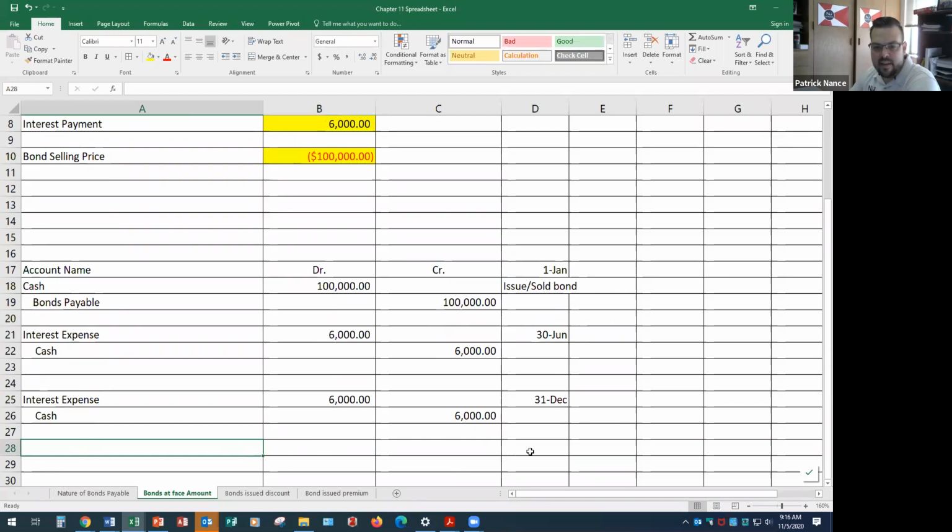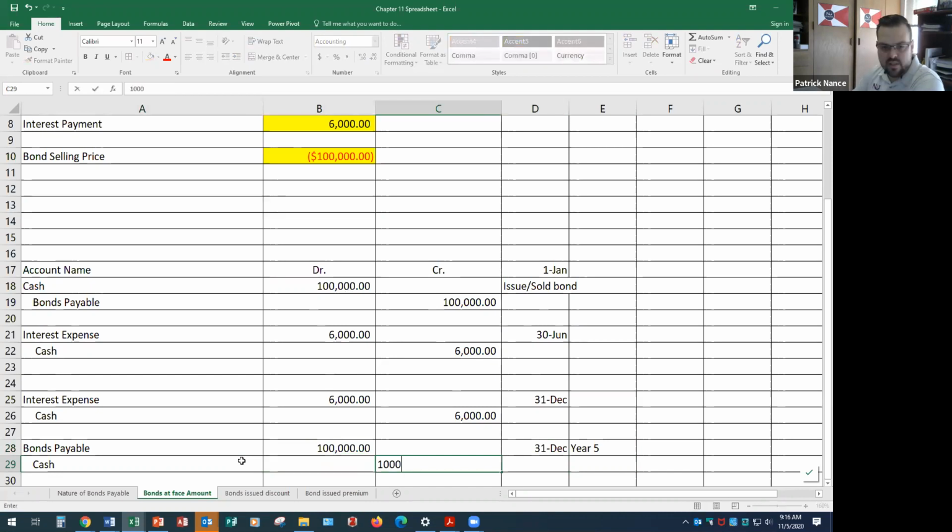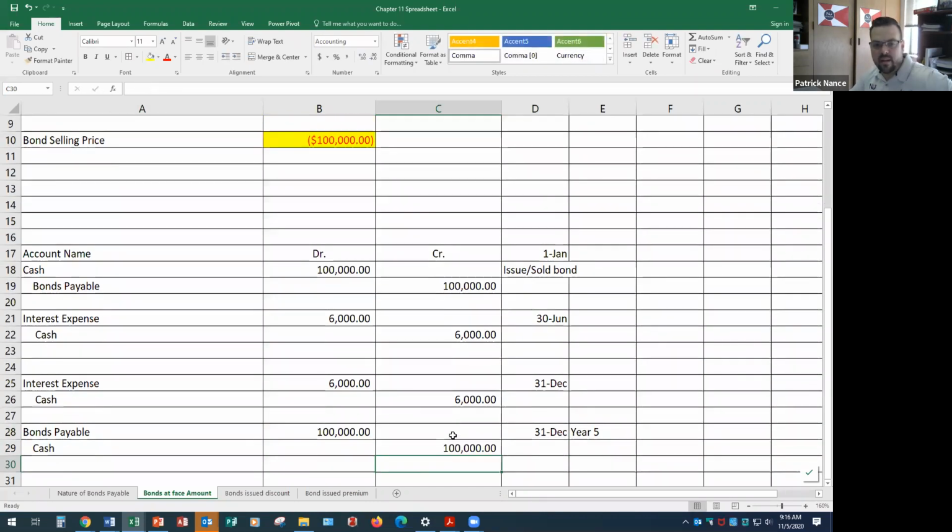At the end, on December 31st of year 5, after I've already paid all my interest payments, I'm going to pay back the face amount, $100,000. I'm going to pay off that liability, so I debit bonds payable to get rid of the liability, and I credit cash for $100,000 to show that I paid it.